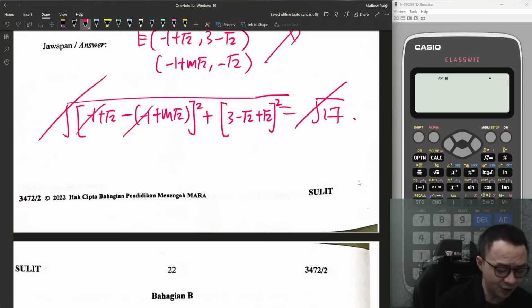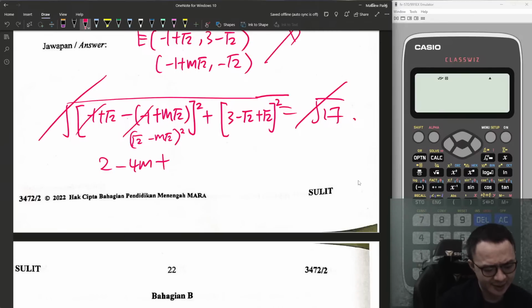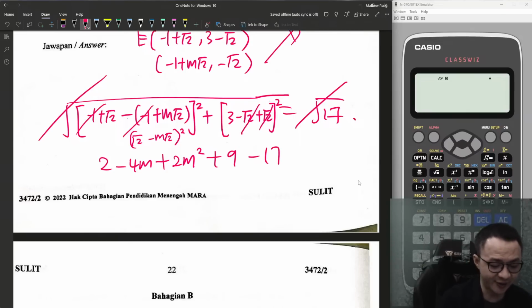This one I should be left with something like square root 2 minus m square root 2 squared. Okay, so this one if I square I should get like 2 minus 4m plus 2m square. This one and this one I cut, plus 9 minus 17 equals 0.